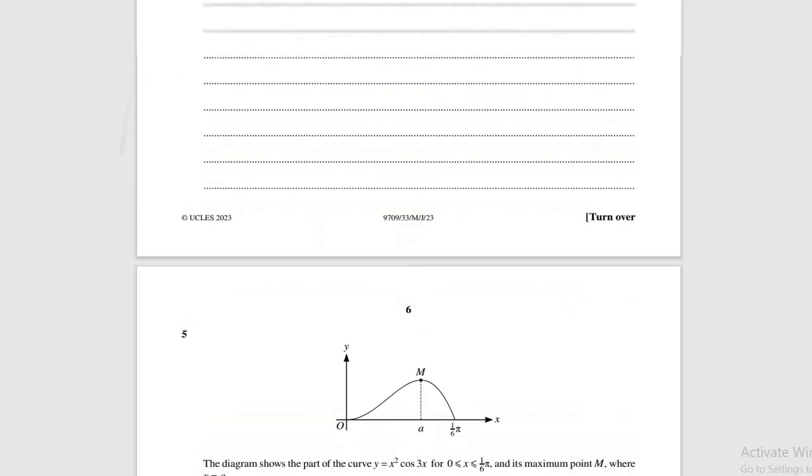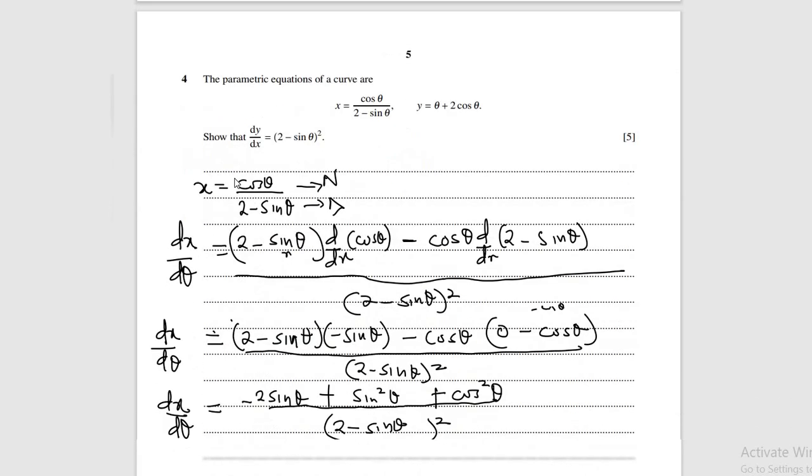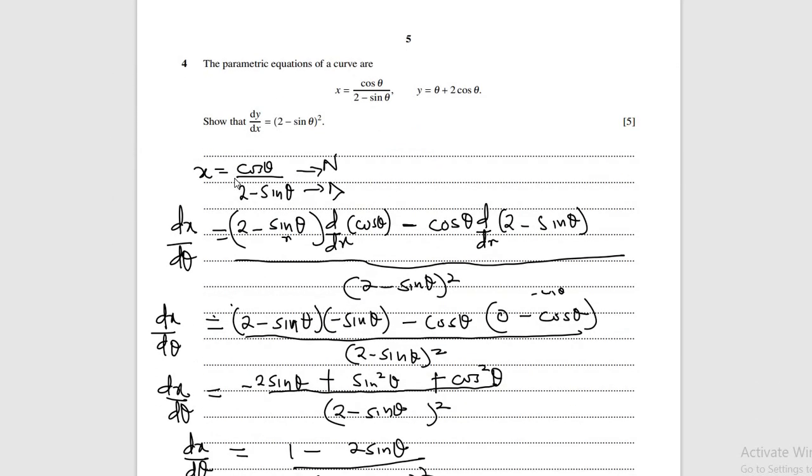Now, that's one of the functions. The other function is y. Remember that y is theta plus 2 cos theta. I can only get the dy by d theta here. When you differentiate theta, that's 1. When you differentiate cos theta, that's minus sine theta. So this will give us 1 minus 2 sine theta.